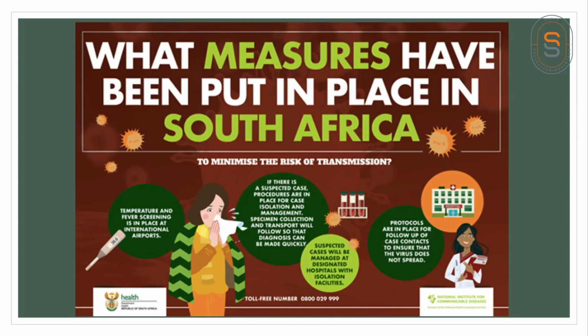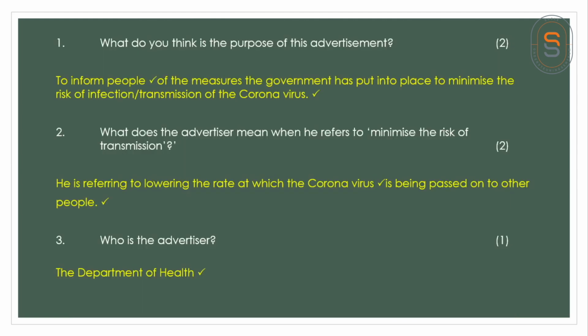If you look at the advertisement, again, it tells you what measures have been put in place. So first of all, it's to inform us about the measures that have been put in place for what? To minimize the risk of transmission of what? The coronavirus.